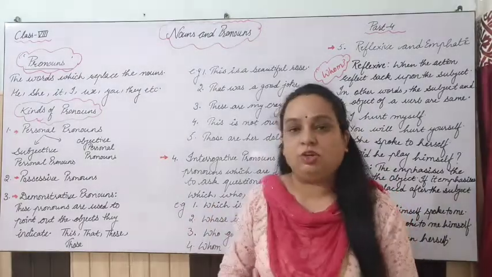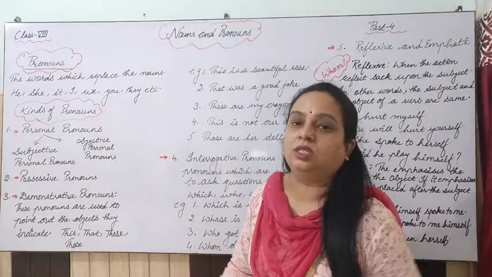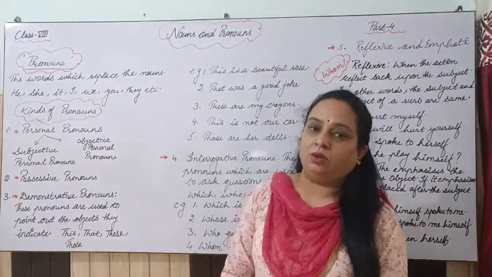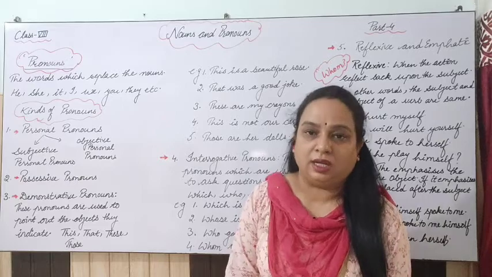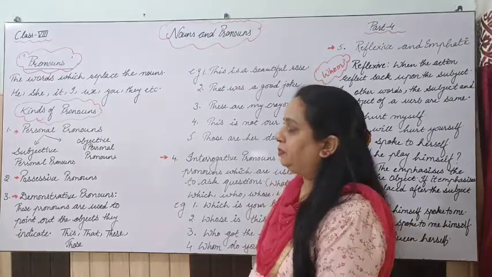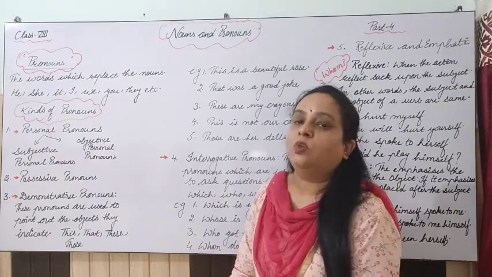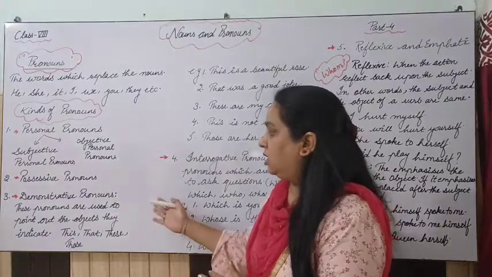Now today in this video we have to start kind number 3 of pronouns, that is demonstrative pronouns. You are familiar with the kinds of pronouns, and you know the words are kept in different categories. So let's understand with more examples, and let's differentiate here too between adjectives and pronouns.